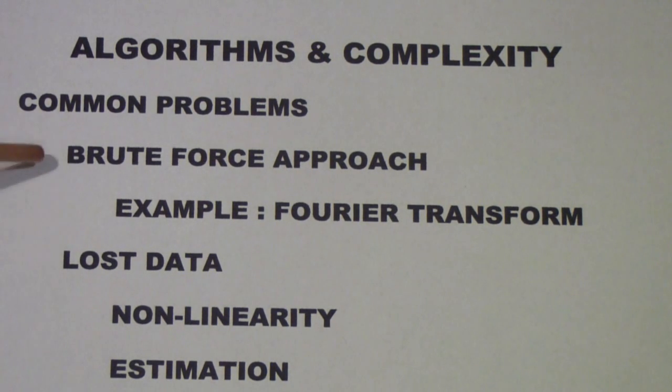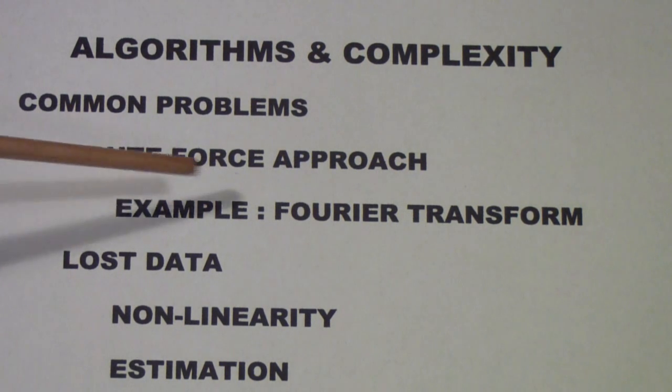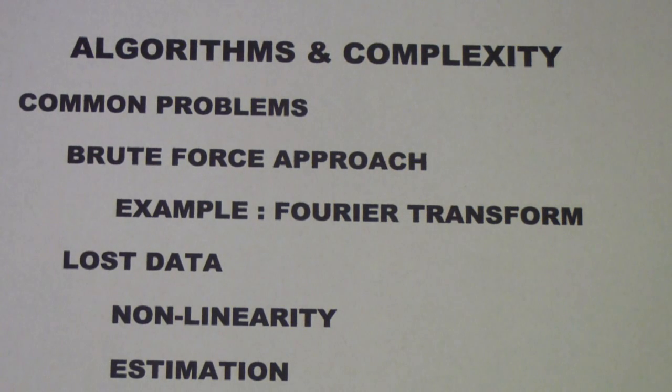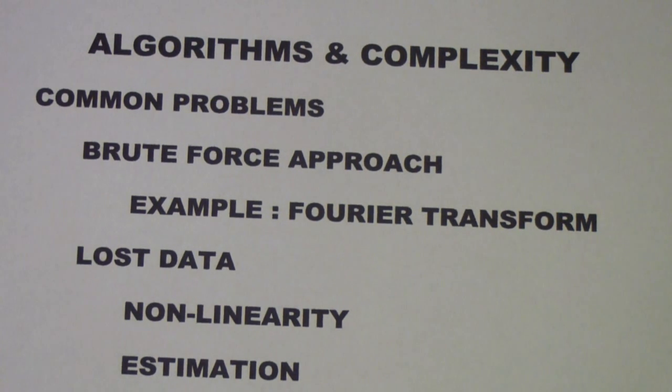The first is, don't just use the brute force approach. An example of that is the Fourier transform. If you use the brute force approach, you get order n squared. If you use a more enlightened approach, you get a better and faster execution, in fact, order n log n.